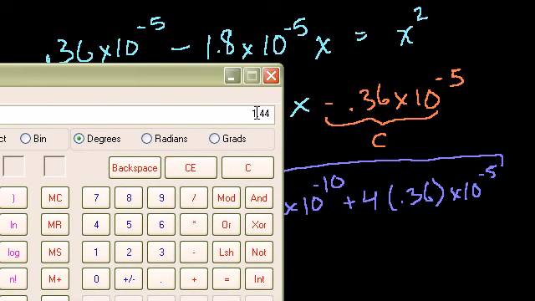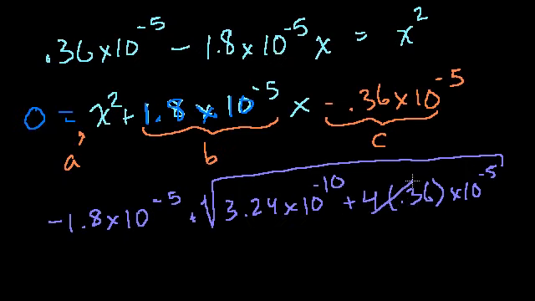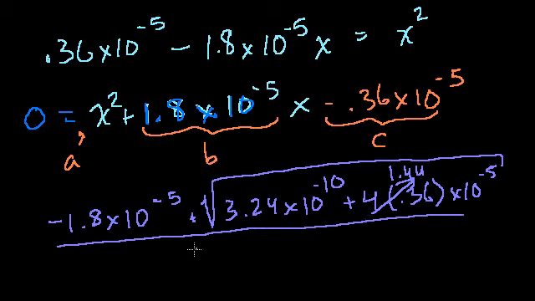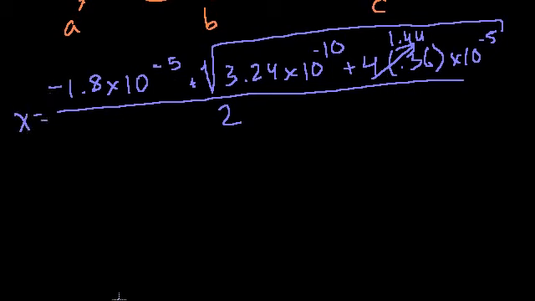Now you have 1.44 e minus 5, so let me write that. So this is 1.44. And of course, all of this is over 2a, which is 2. And this is going to be my x value, my concentration of OH.